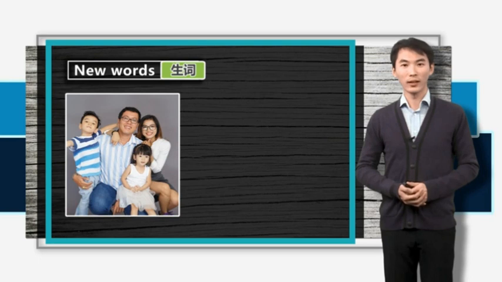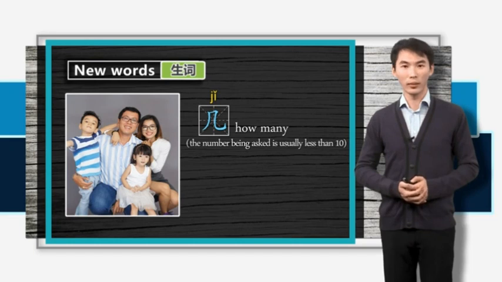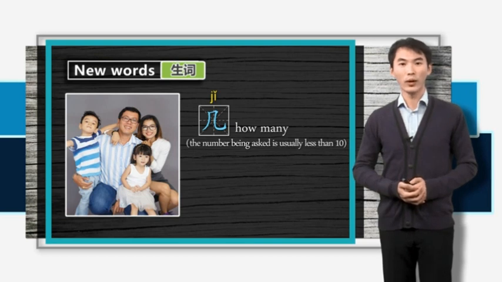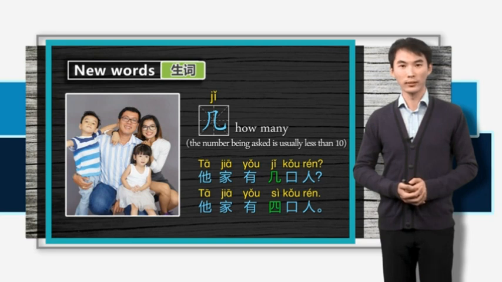In Chinese, the interrogative pronoun 几 is used to ask about the number, which is usually less than 10. 跟我读几。So we can replace the number by 几 and the question is 他家有几口人？跟我读他家有几口人？And the answer is 他家有4口人。Very good.